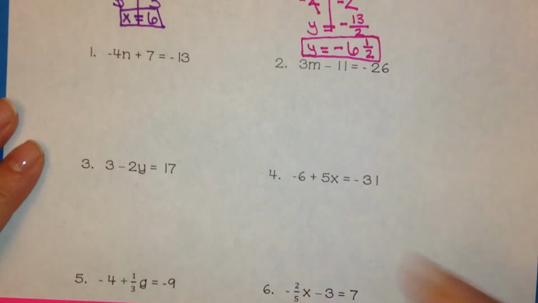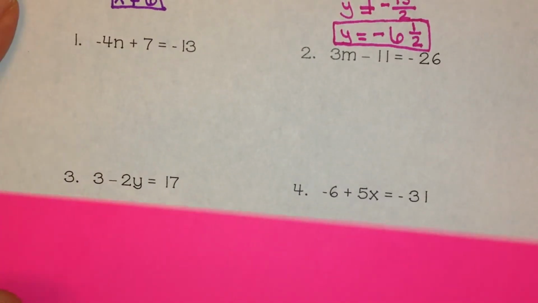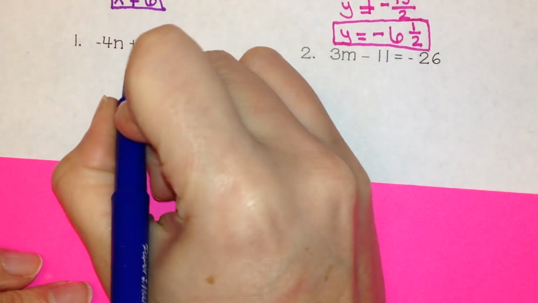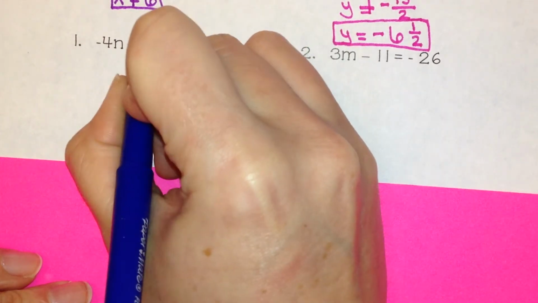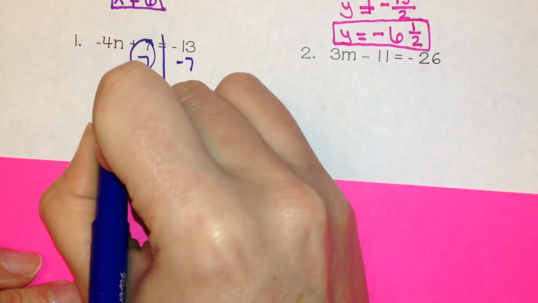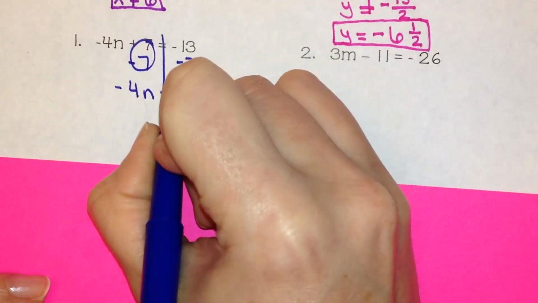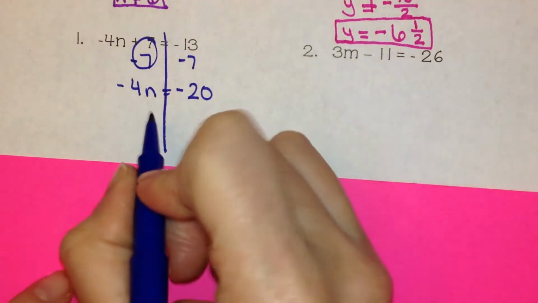All right, so starting with the first one, I'm just going to zoom in a little. We need to get n by itself. So I'm going to move the plus 7 to the other side by subtracting 7. 7 minus 7 is 0. Bring down that negative 4n equals negative 13 minus 7 is negative 20. N is being multiplied by negative 4.